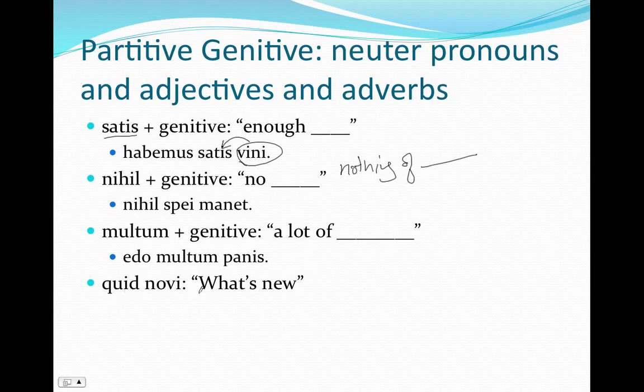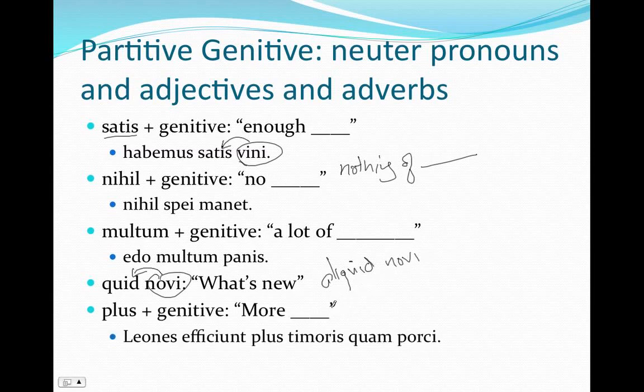What's new? Here, novi is our partitive genitive with quid, what. And we could also have something like aliquid plus the genitive, aliquid novi, something new. Literally, something of new.